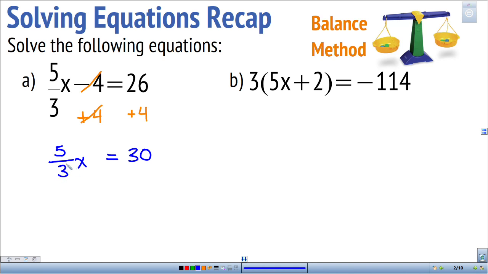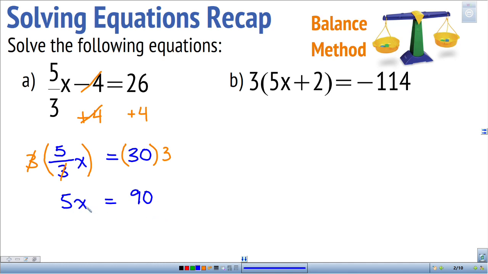So we can undo that by doing the opposite, which is multiply by 3. I'm just going to show that I'm going to multiply by 3 like this. If I multiply by 3 on the left side, I need to multiply by 3 on the right side. So the 3 divided by 3 will divide out to make 1. We are left here with 5x, and that's equal to 90.